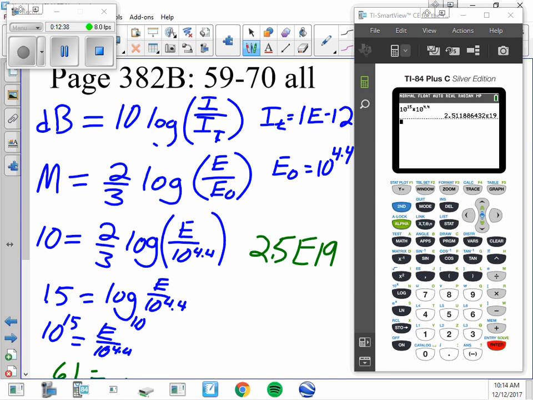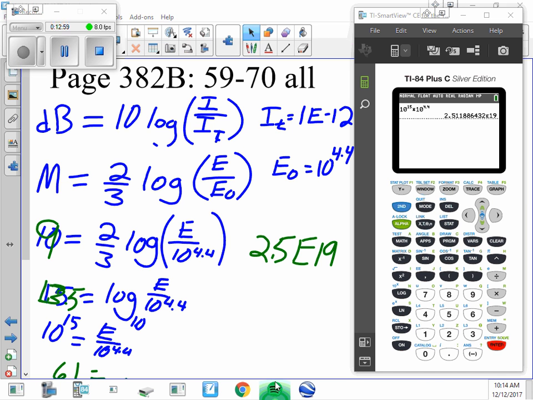Okay, well, how much energy does a 9 magnitude earthquake make? So if I change that to a 9, then 9 times 3 is 27, and 27 divided by 2 would be 13.5.